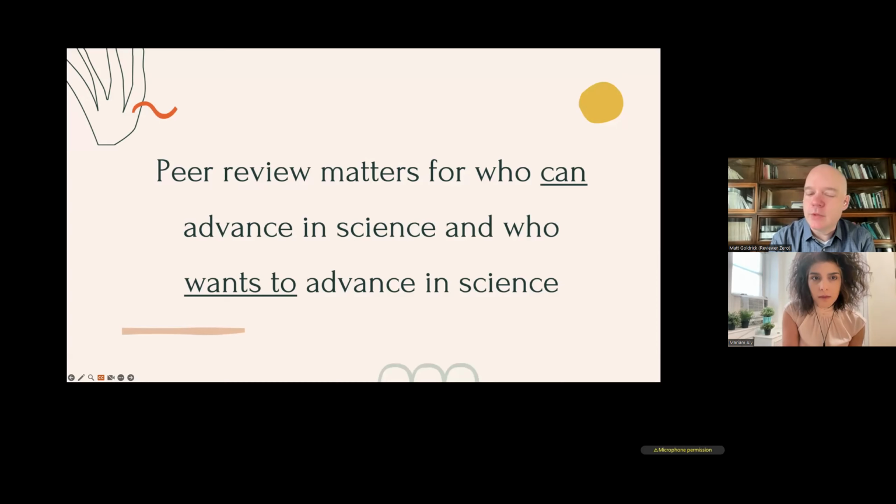But the other thing it does, which is often not talked about so much, is that peer review matters for who wants to advance in science. Peer review does a lot of establishing who is in the field and who is out of the field. What are the questions that are part of the field and what are the questions that are not part of the field? And that is another factor. I think it really helps shape why it's such a loaded process for people to go through.